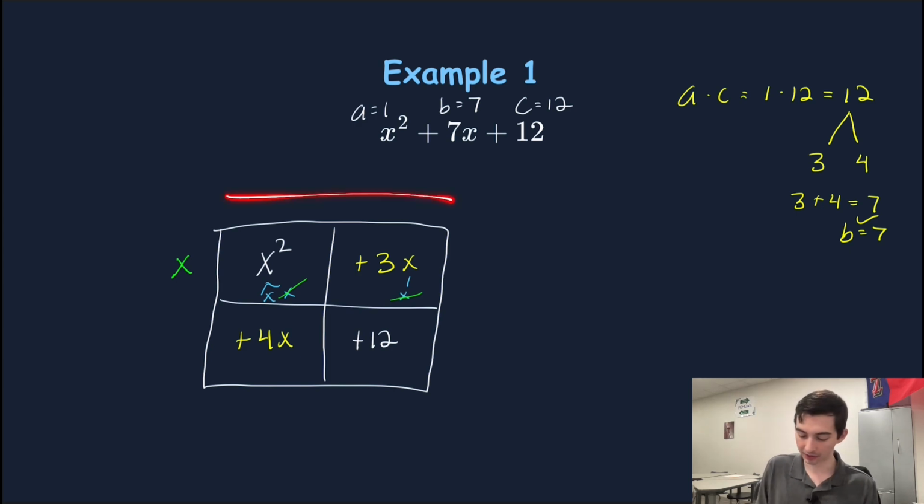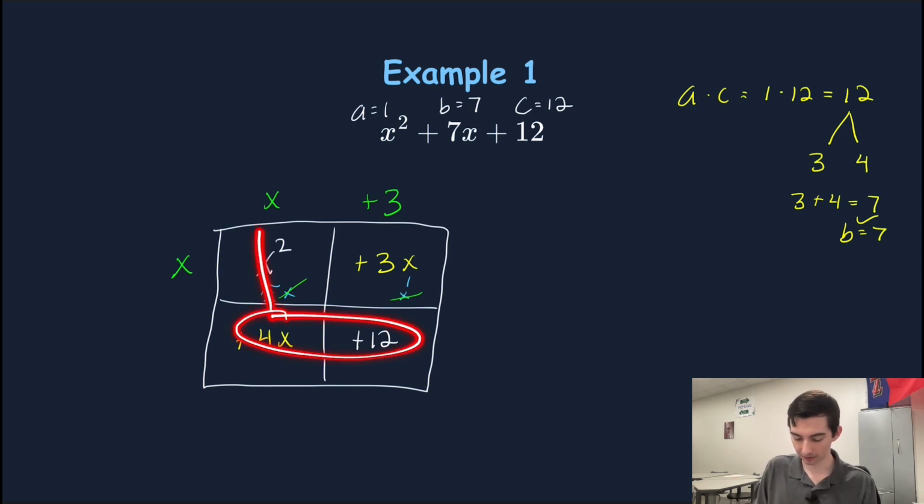And now on top, let's see what we're left with. And so I've got this x squared. All I'm left with after I cancel out this x is just 1x. And all I'm left with here is just my 3 after I cancel out the x there. And so now once we find the GCF here, it should match up to leave us remaining with this.